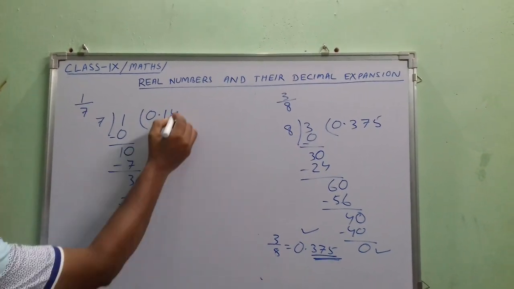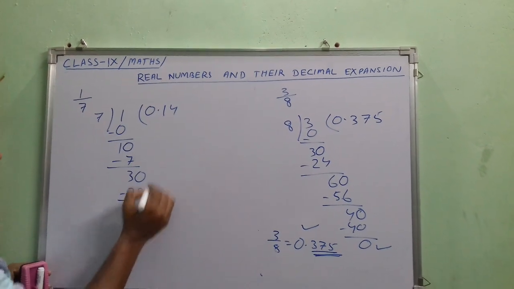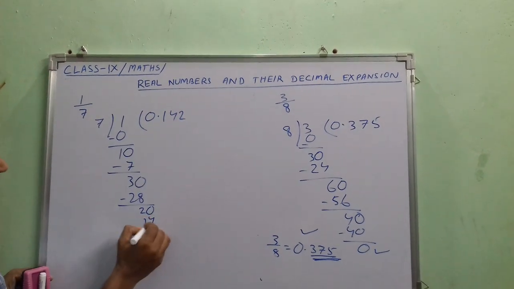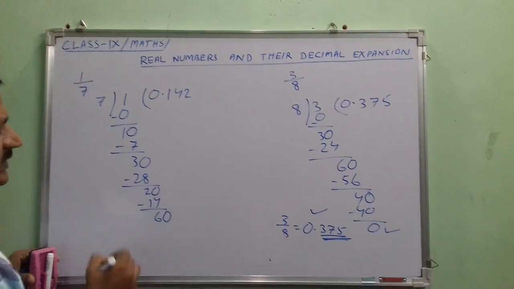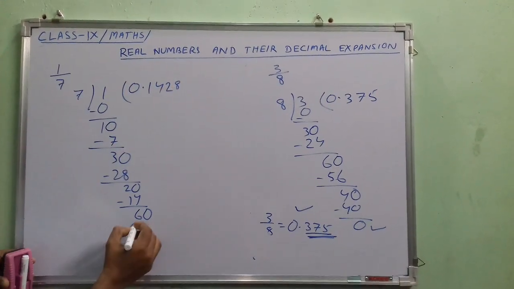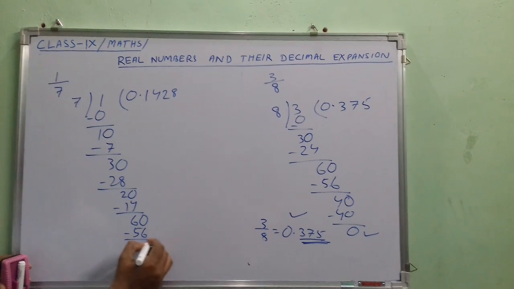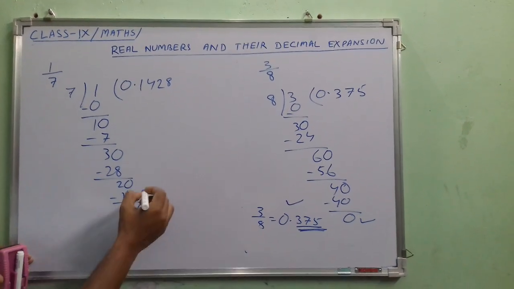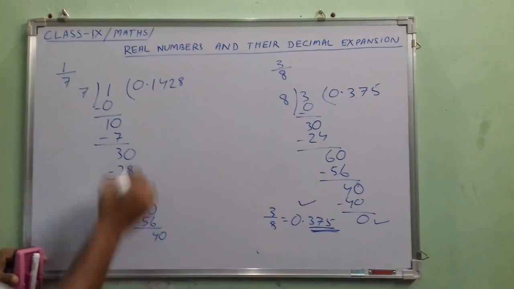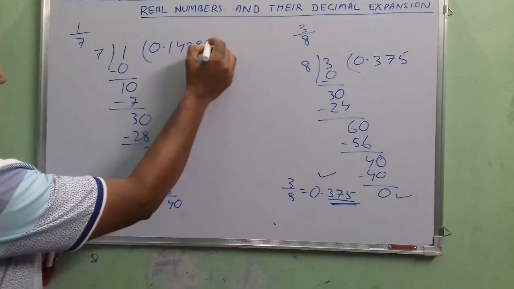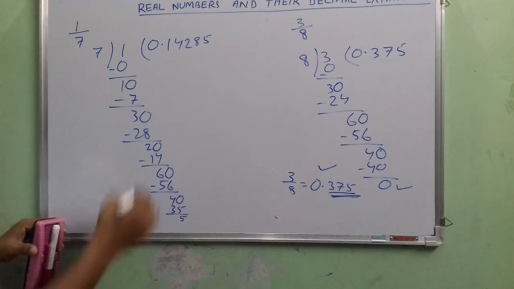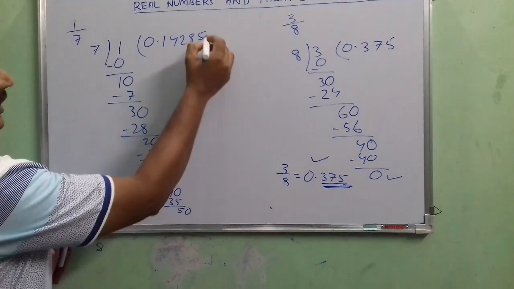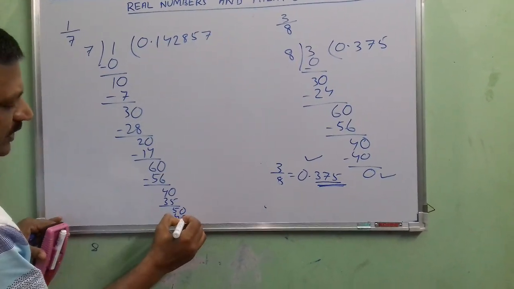We have 2, 20, 7 2 is 14. Here 6, 60, 7 8 is 56. I have 4 here. Again 0. So 7 5 is 35. So 5 remainder 50. I have 7 7 is 49.